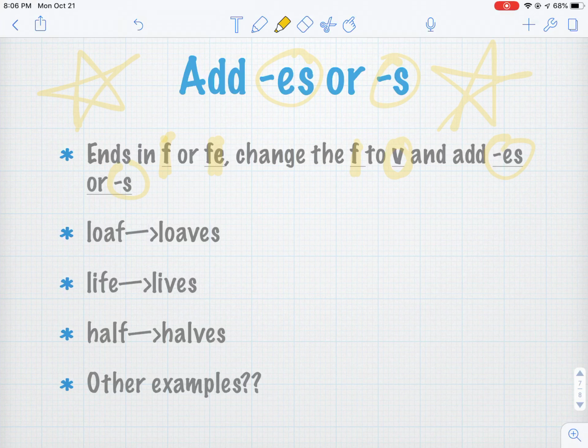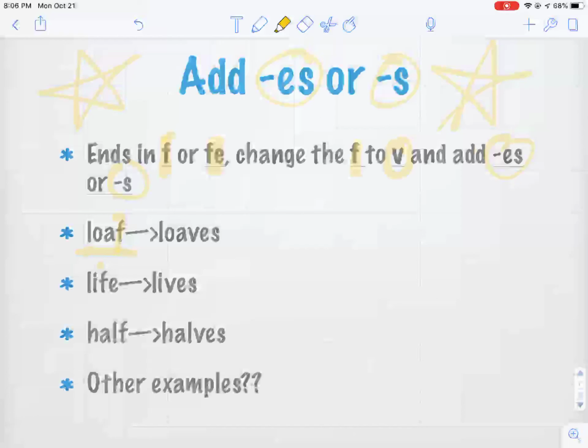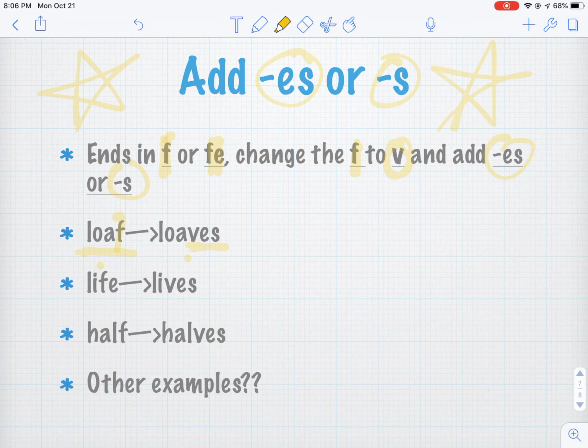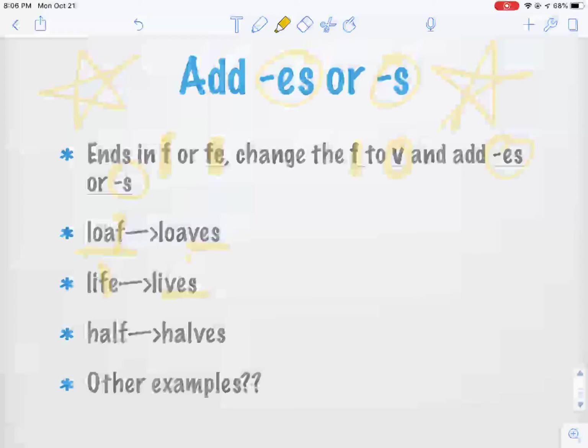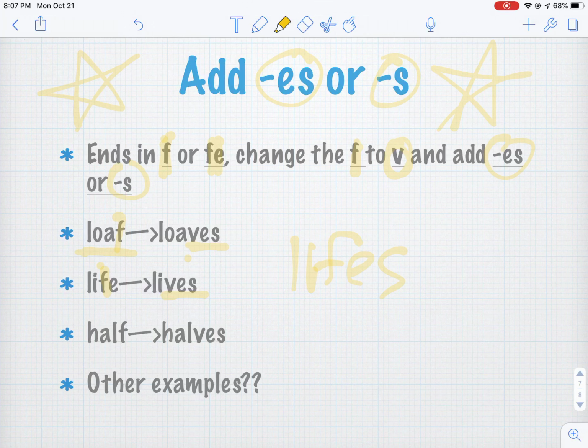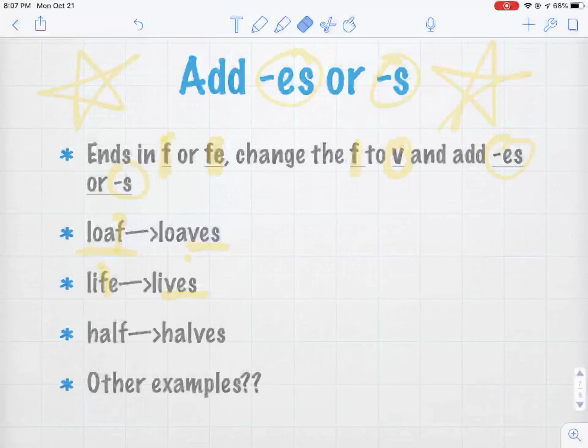If you're looking at the word loaf, it ends in an F, so you drop the F and add VES. Same with the word life. You change the F to a V, because you don't say lifes and you don't say loafs. You say loaves and lives. So that's where the difference is.